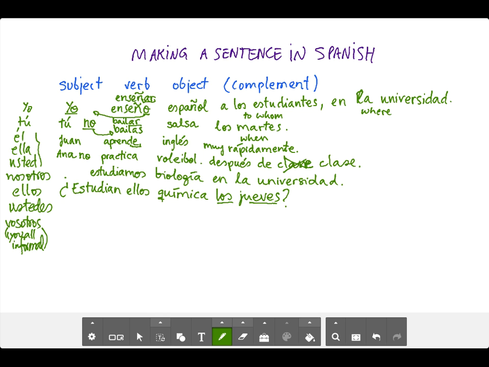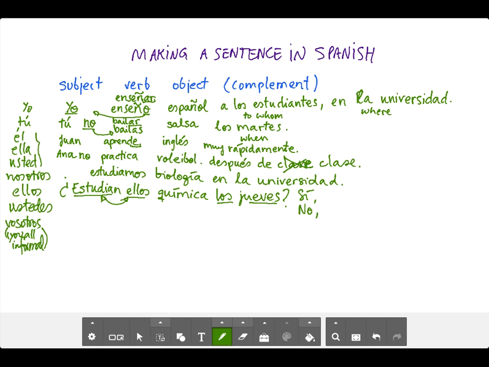So we have a yes or no question. So they study. So they change the order. When you answer the question, because we're talking about they, we are keeping the same subject in this case because we continue talking about what they do. So you can answer with sí or no, and then it continues with a positive sentence or a negative sentence.